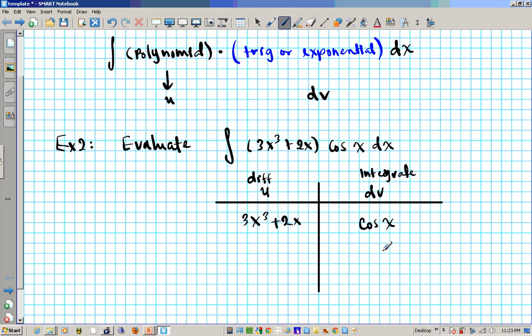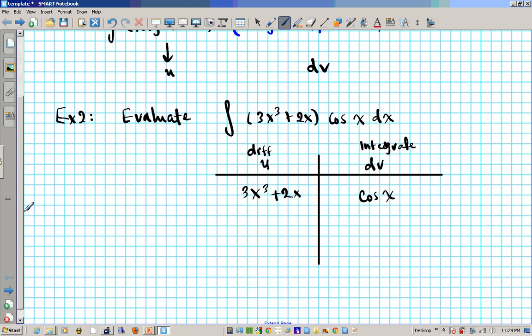So this side I'll keep differentiating until I end up with a row where the u is basically 0. Let's start. If I differentiate this, I'll have 9x squared plus 2.